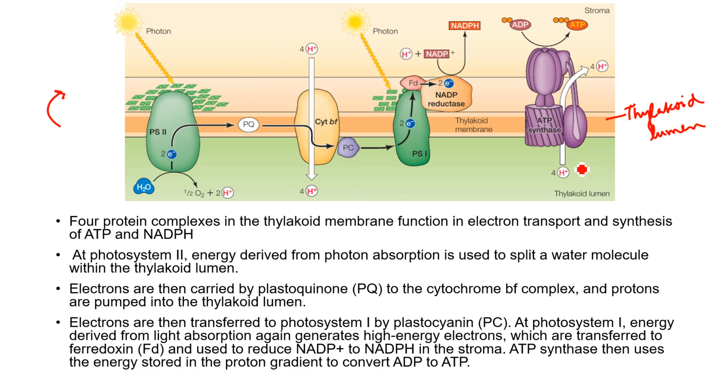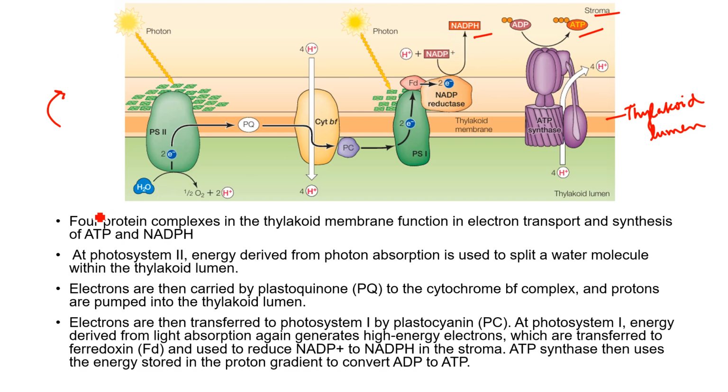Similarly, the chemiosmotic theory is happening here also. Once the proton gradient is broken, or when protons flow along their electrochemical gradient, ATP is generated. So ATP gets generated in the stroma. You remember that NADPH and ATP are all synthesized in the stroma. The ATP synthase translocates protons from the thylakoid lumen into the stroma.